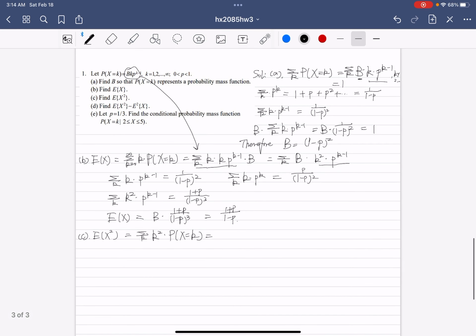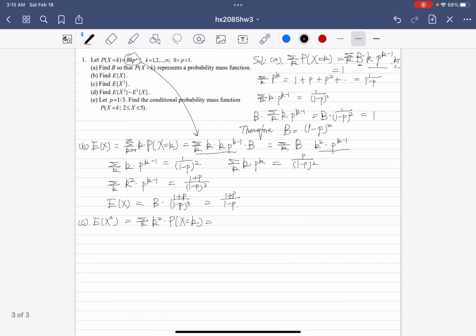It's similar to the second part. This equals the sum of k cubed times p to the power of k minus 1 times b.